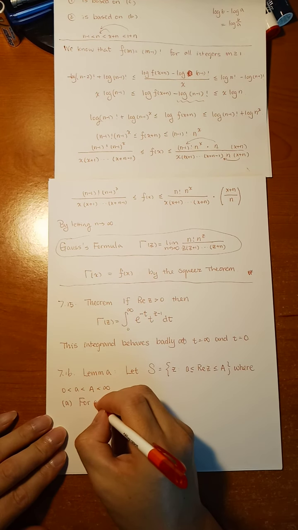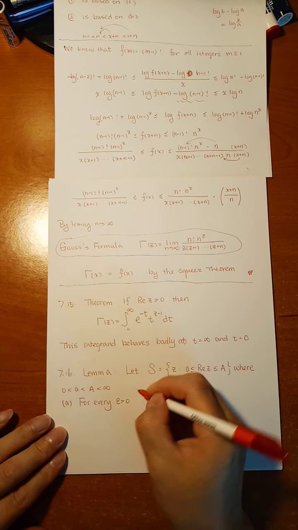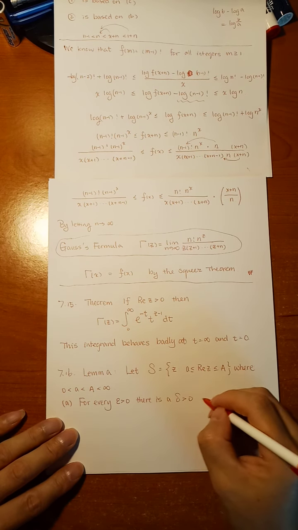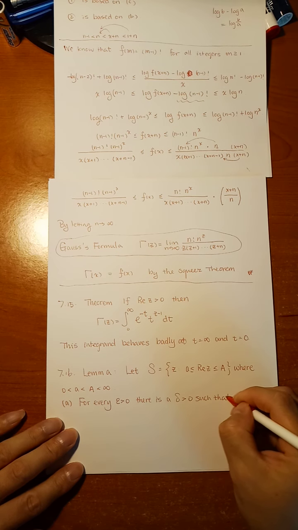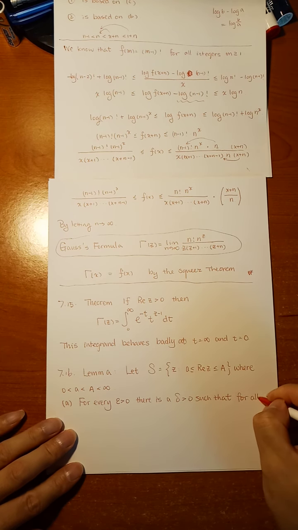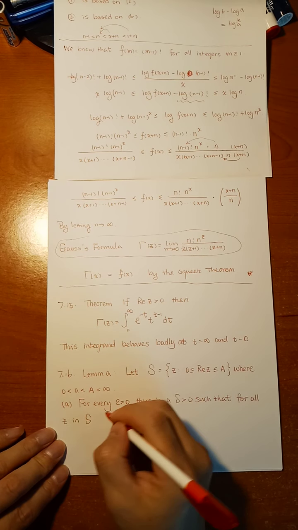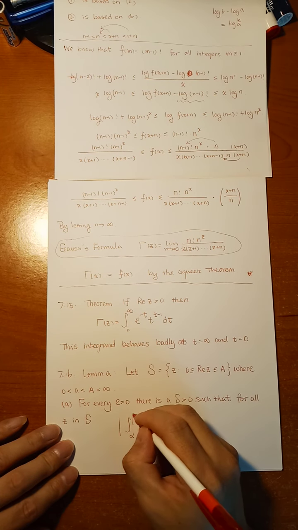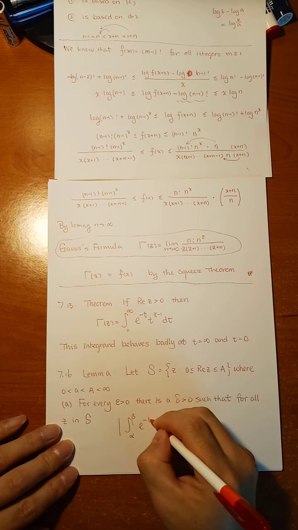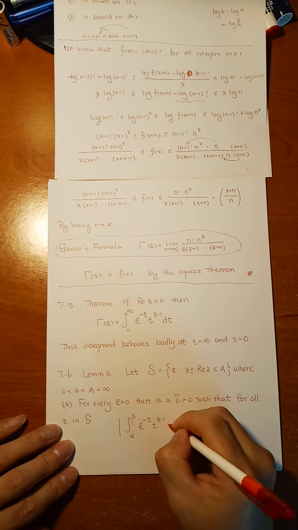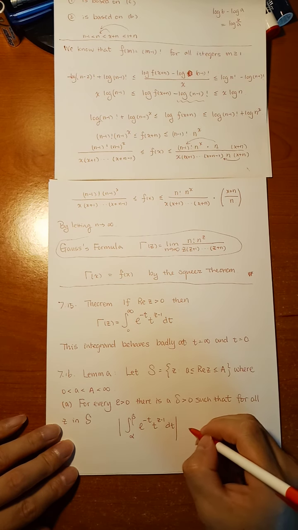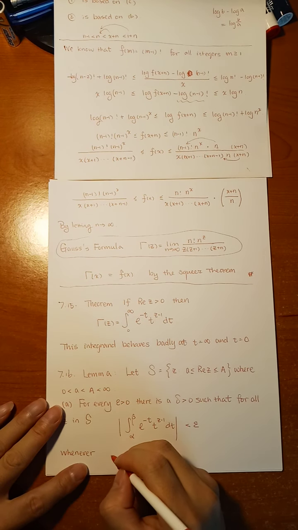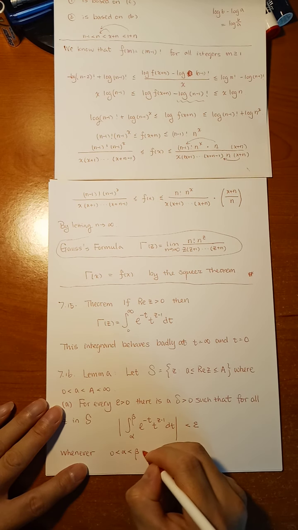The result: for every epsilon greater than 0, there is a delta greater than 0 such that for all z in S, for all z in this vertical band, the absolute value of the integral from alpha to beta of e to negative t times t to z minus 1 dt is going to be less than epsilon whenever 0 is less than alpha less than beta less than delta.